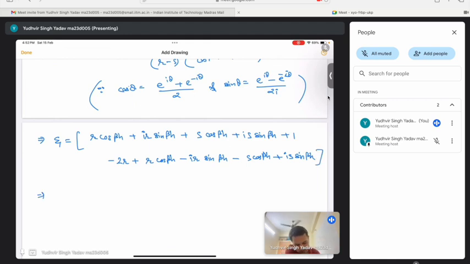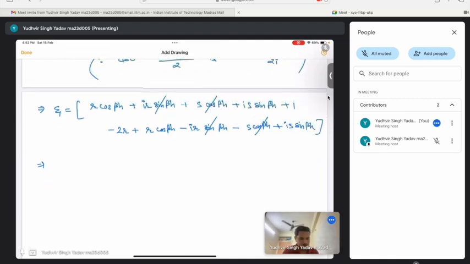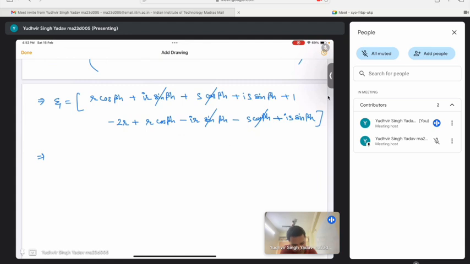From here, one can note that these terms are common, so they can be cancelled out. After cancelling these terms, our expression reduces to ξ equals 2r cos βh minus 2r plus 1 plus 2i s sin βh.